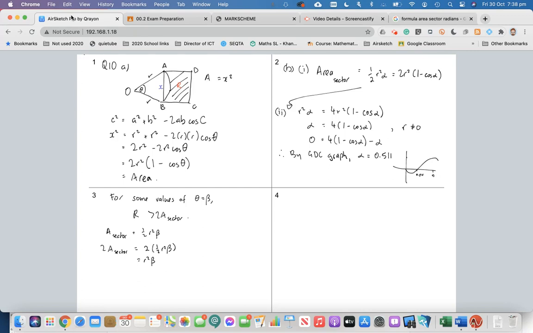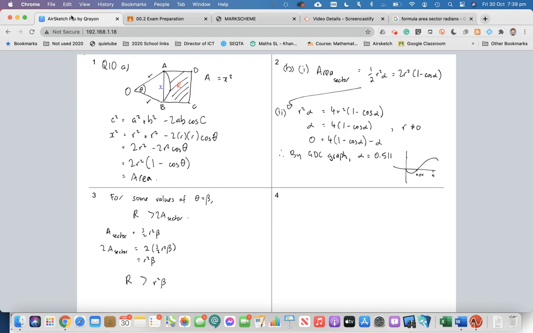That's cool. So I need to work out the area of the region. So the values of beta such that the region is bigger than r squared beta. All right, well, that's something.